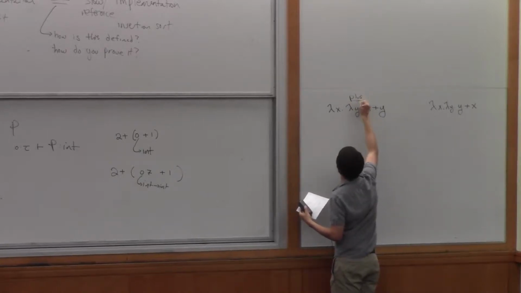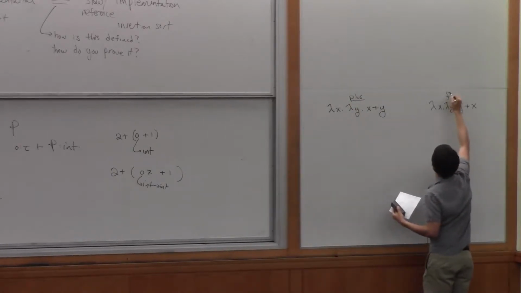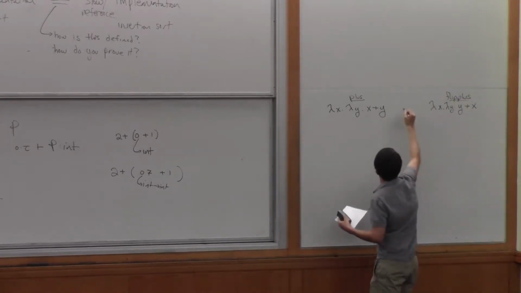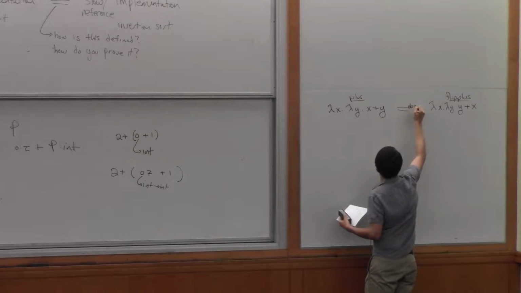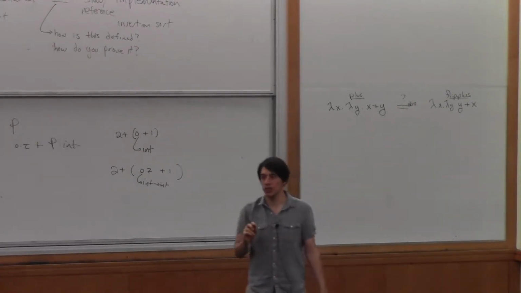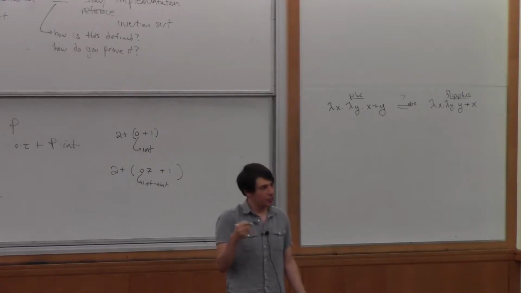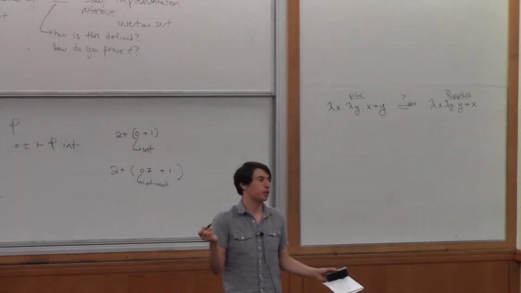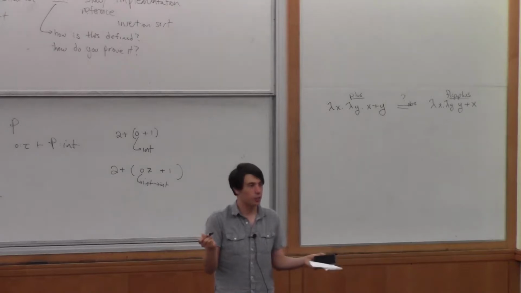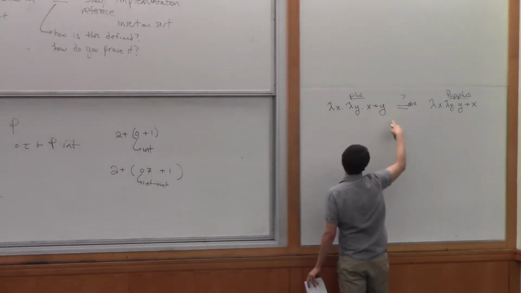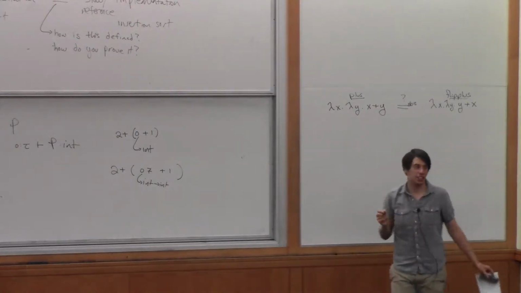I'll call this one plus and this one flip plus. And one question you might ask is, are these observationally equal? That is, is there any way to use these two functions that tells them apart? You can guess that the answer will be no, because what we're talking about here is some primitive addition on integers, and you expect that addition is commutative.